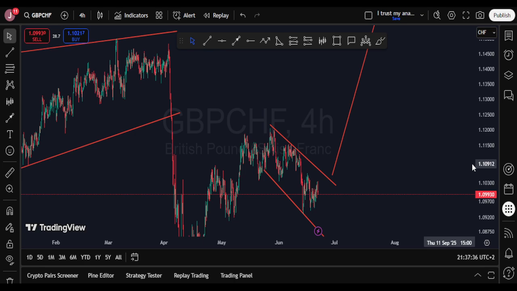But my overall bias for this pair is to the upside. So just wait for a strong breakout candle to indicate that there is enough momentum to the upside. Get a strong breakout candle, you enter, ladies and gentlemen. So that's it for GBPCHF.